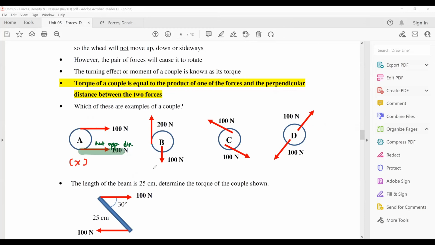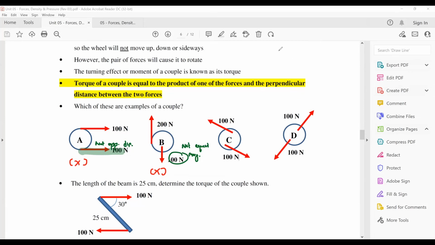B is also not a couple because not equal magnitude. Yeah, it's opposite direction and there's distance separating them, but there's not equal magnitude. For A, you have equal magnitude separated by distance but not opposite direction.